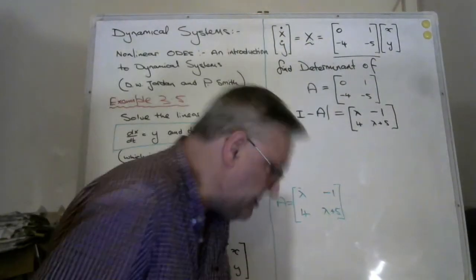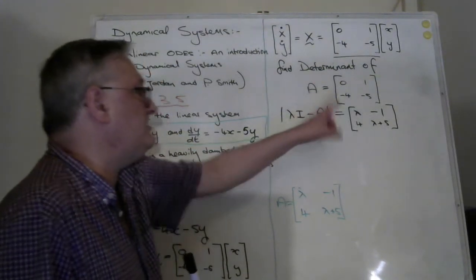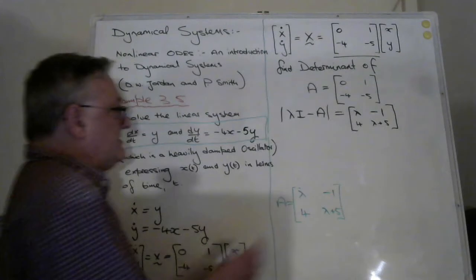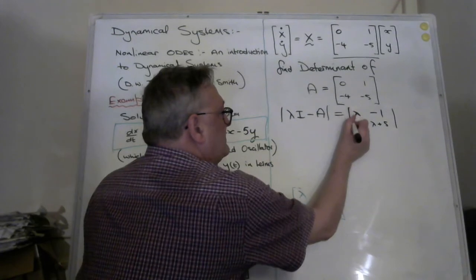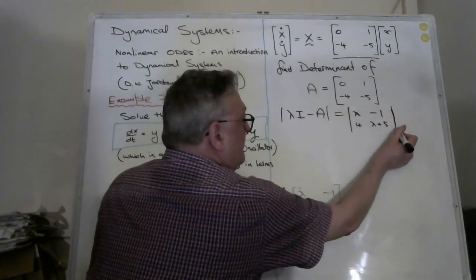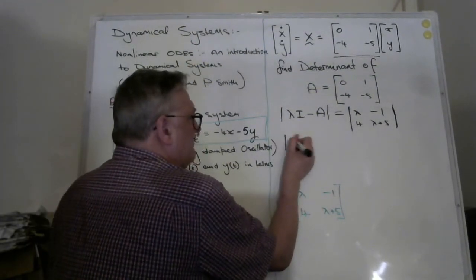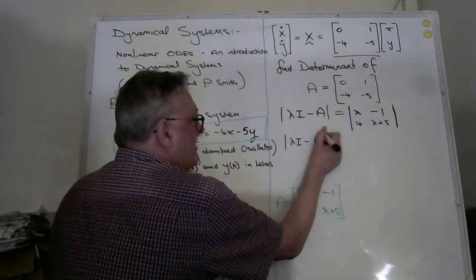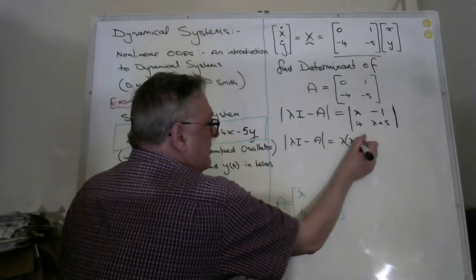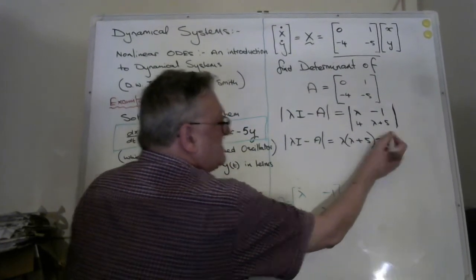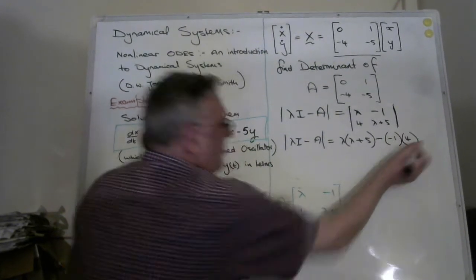Well, actually, we haven't worked out the determinant yet. What we should have are modulus signs, effectively, for the determinant. So that is the determinant of that matrix. And of course, when we work that out, we find that the determinant of lambda I minus A is equal to lambda times lambda plus 5 minus a minus 1 times 4.